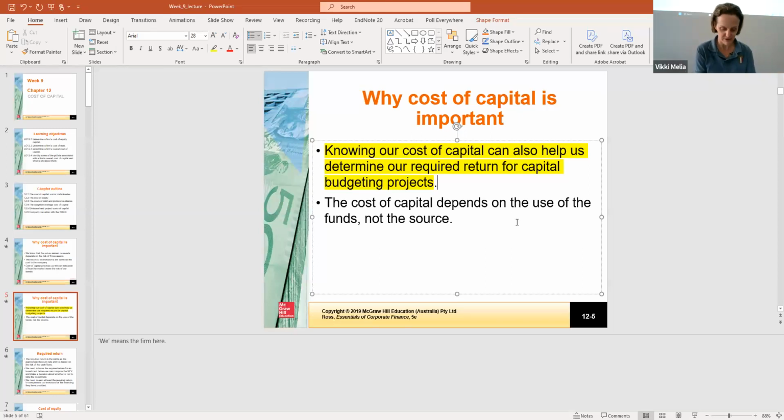NPV is our favorite tool, net present value. To use NPV, we need R. We need a discount rate to calculate the present value of the future cash flows. And that's why we need to know our cost of capital. Our cost of capital is an important piece of information when we're determining what R we should use to calculate the NPV.